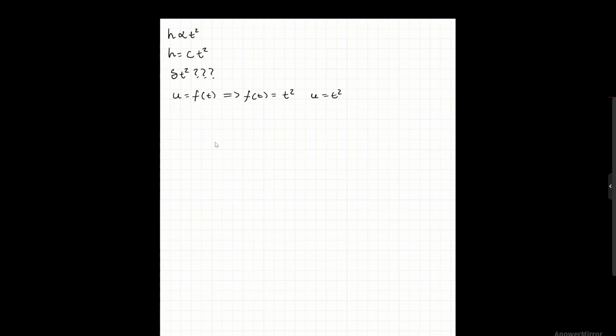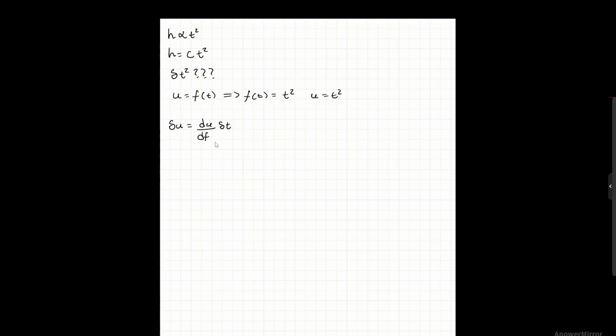So the uncertainty in u, or t squared, is equal to du/df times the uncertainty in t as it was originally, not the new one.